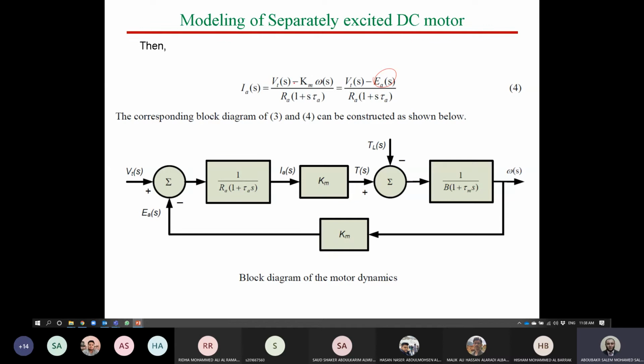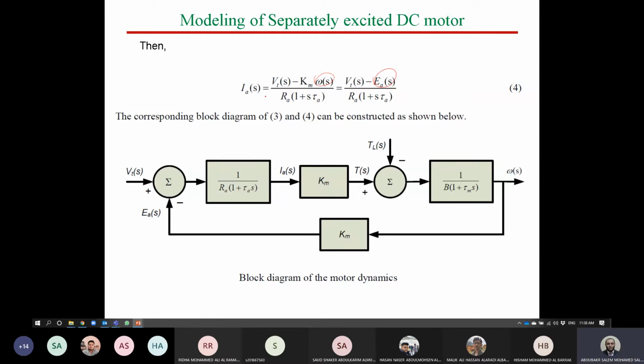Here we said V minus something. This part will be a function of omega, and we have not obtained omega yet, so assume that we have a summator here, and this part, we don't know where it comes from, but assume that it's E for now. So you have plus and minus, and the output here will represent the numerator.